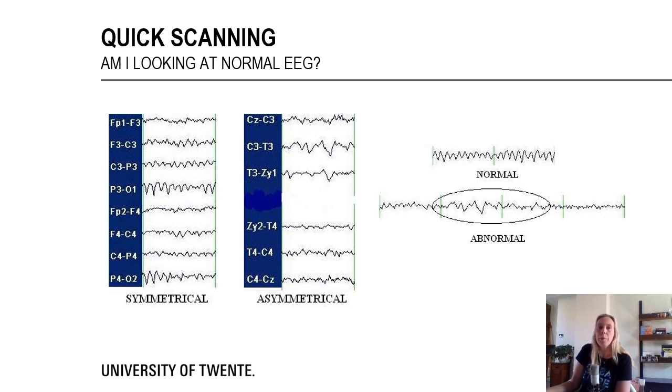Okay, a quick scanning. If you go into the business of brain-computer interfacing, you become more familiar with EEG. You can also do some diagnosis or make some impression. Am I looking at a normal EEG? And what is a normal EEG? For example, this would be a trace of normal EEG, and then in comparison abnormal EEG, like this.